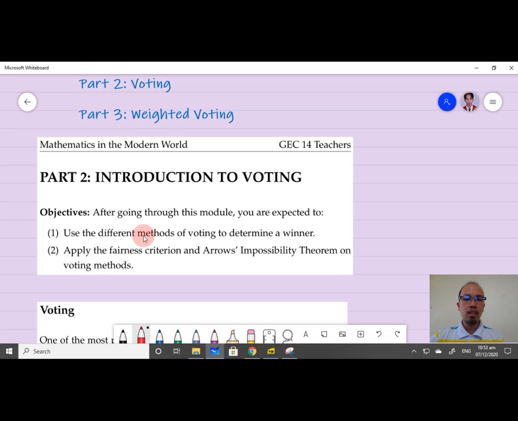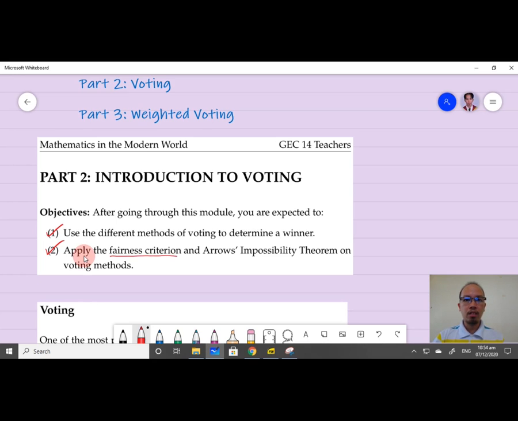Just like the apportionment in part 1, there are 4 methods also in this lecture that we are going to discuss. And also there are 4 criteria for fairness.